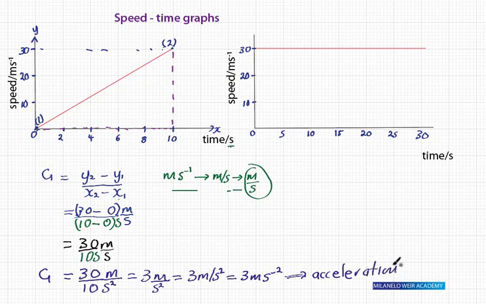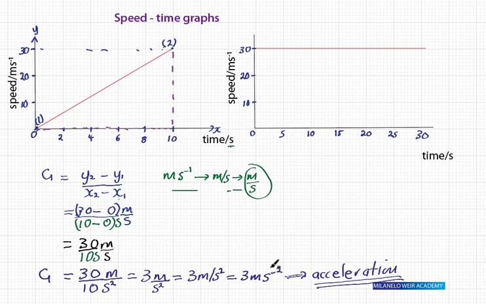This is acceleration. So what do we conclude? Because these units are for acceleration, the conclusion is, in a speed time graph or velocity time graph, what we get is the acceleration when we calculate the gradient. So the slope of a velocity time or speed time graph gives us acceleration.